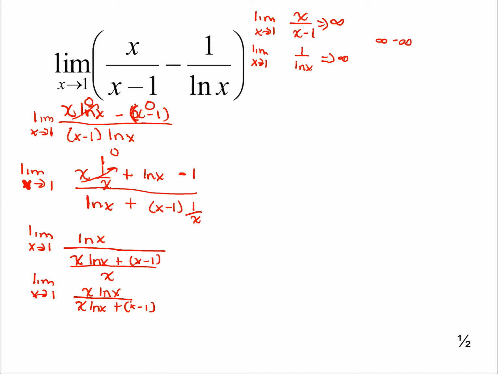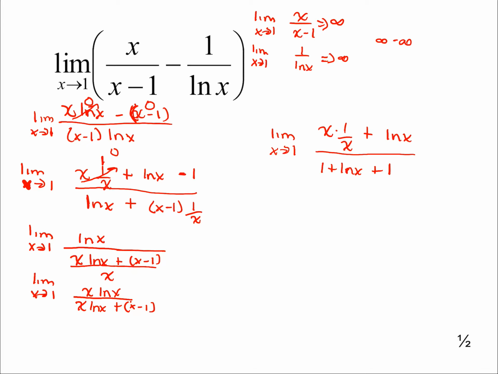So using L'Hopital again, I get the limit as x approaches 1 of x times 1 over x plus natural log of x, over, that's going to give me 1 plus the natural log of x, because that's the same thing I have on the top, plus 1.